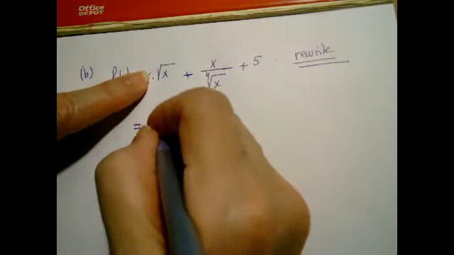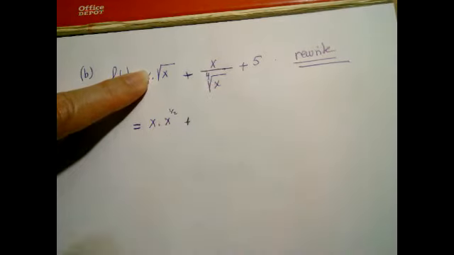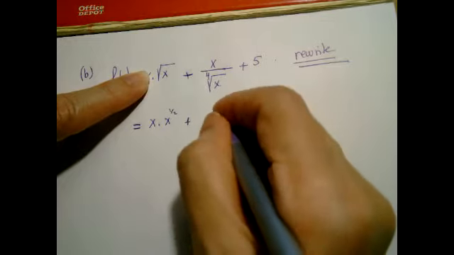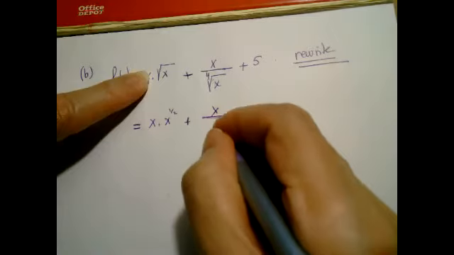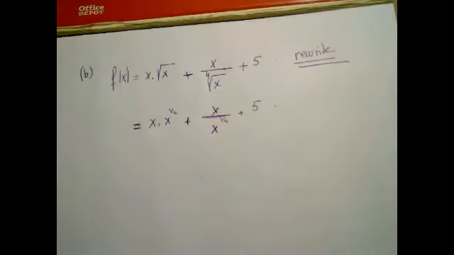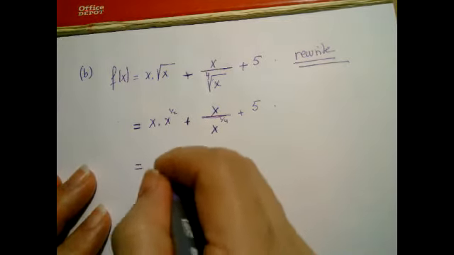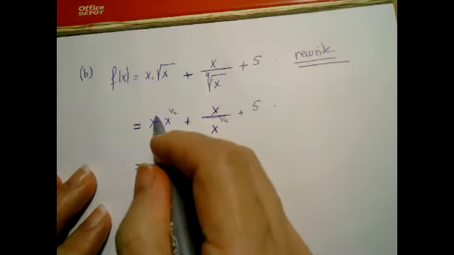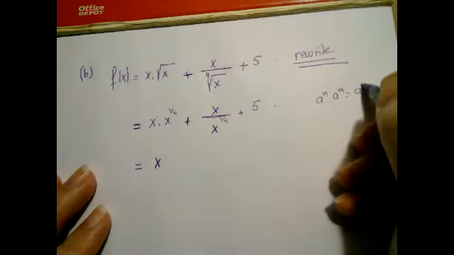All right, how can I rewrite this? This is x times x to the power a half plus. So I'm rewriting, I'm not computing a derivative, I'm doing nothing. The fourth root is x to the one fourth, plus 5. Okay, I'm still rewriting, I'm not doing anything. No quotient, no product. Now, x times x to the half, we add the powers: x^n times x^m, how many do we have? x^(n+m).